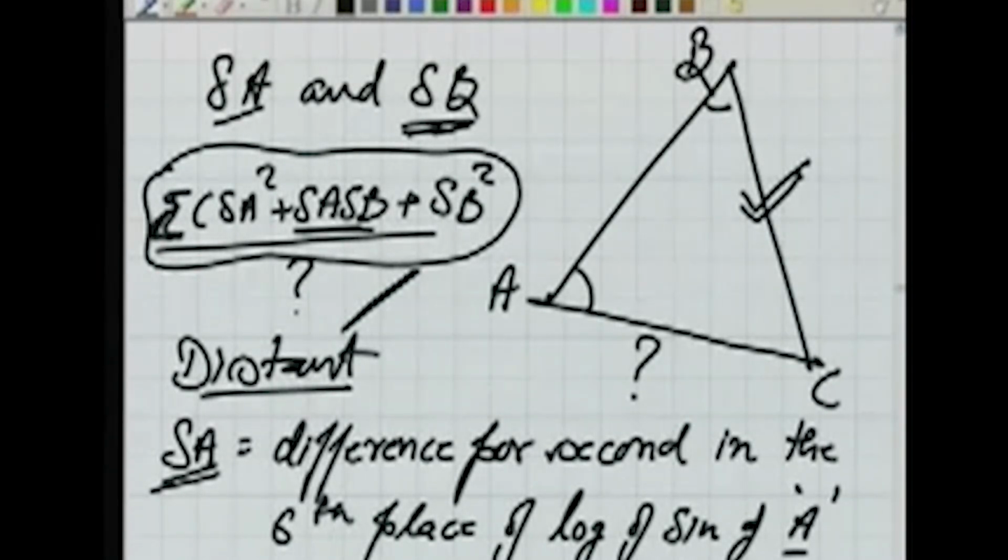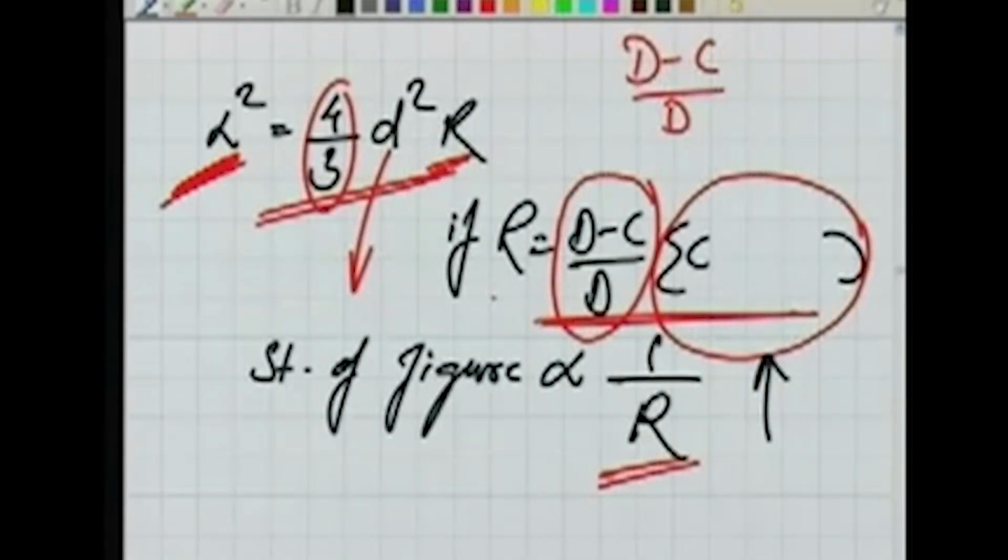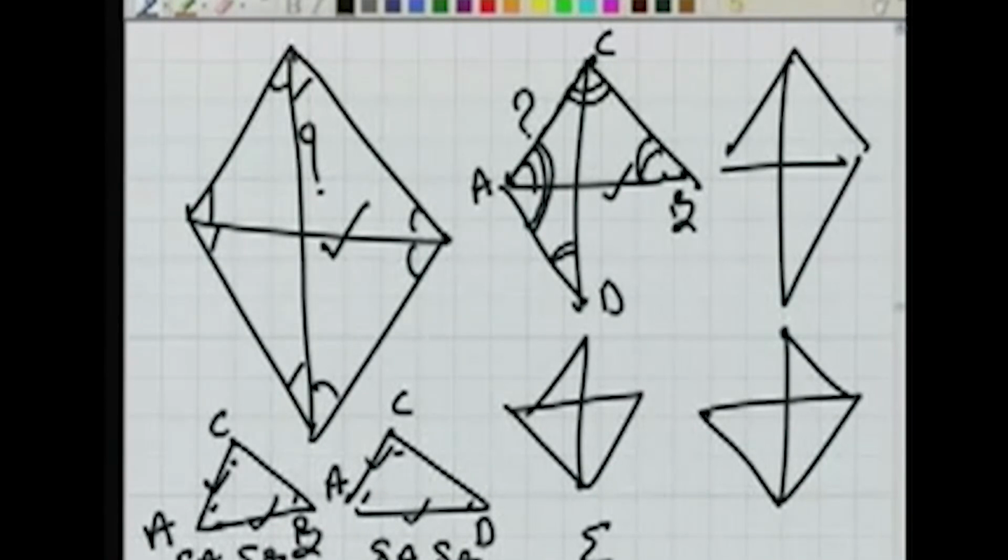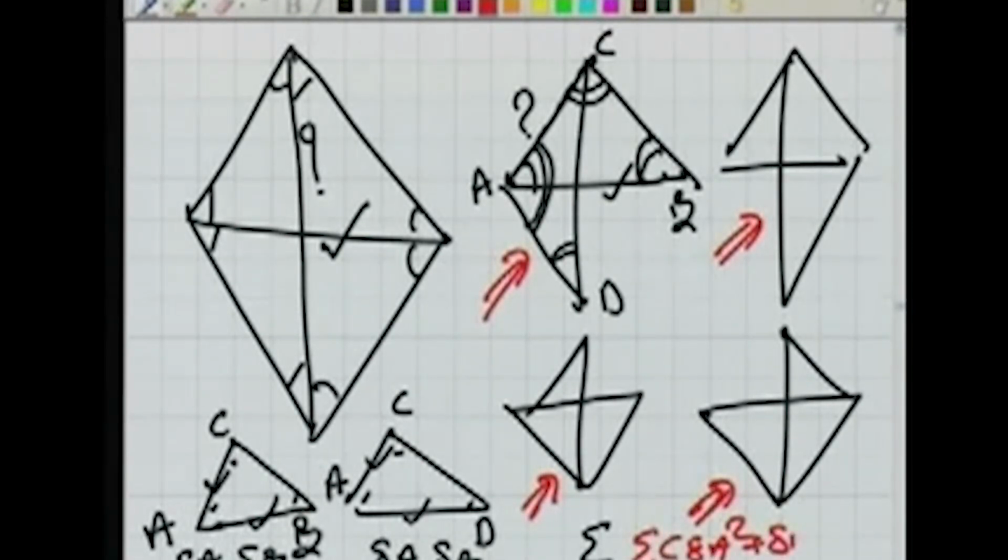So in our formula, the strength of figure, we are writing it as 1 is inversely proportional to R. Now we can start comparing these different figures. For each of these I can compute this particular value, sigma of del A square plus del A del B plus del B square.